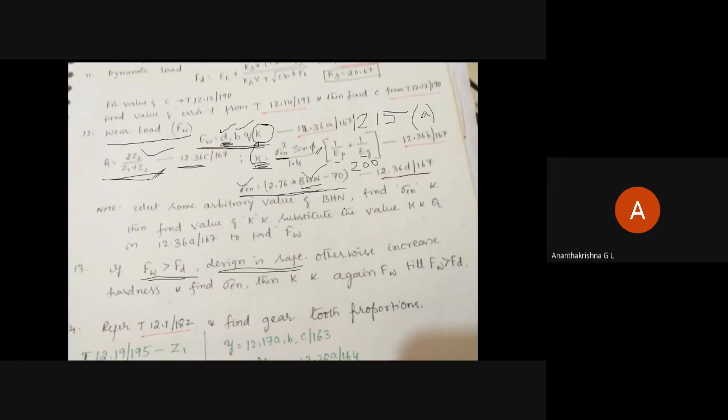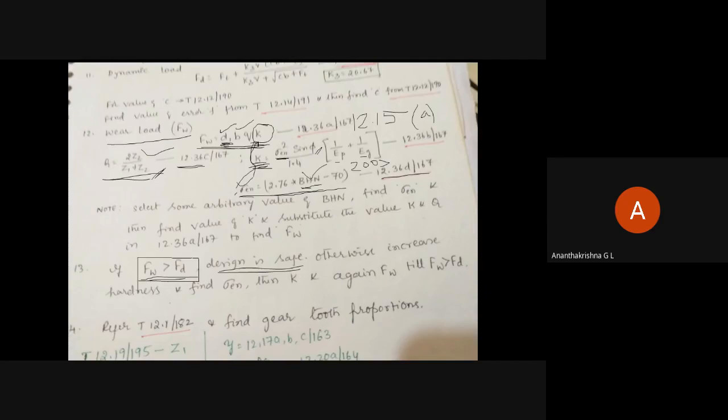Then what we need to do is increase the value of BHN to the next higher value, maybe 225 or 250 BHN. Again, find out endurance strength. Substitute the value of endurance strength in K equation. Again, find the value of K. Again, substitute into wear load. See that you choose BHN such a way that FW is greater than FD.